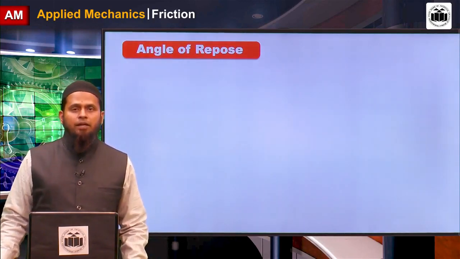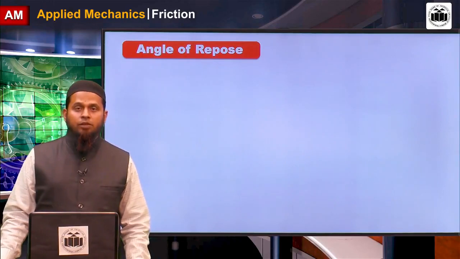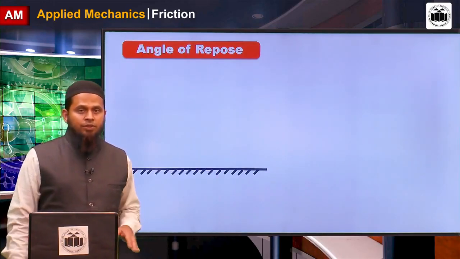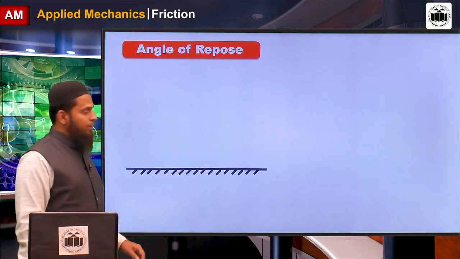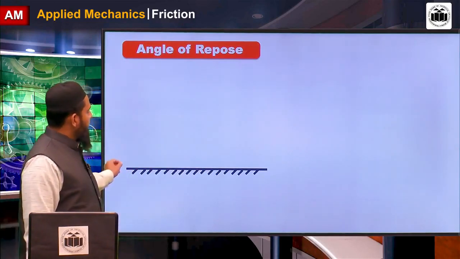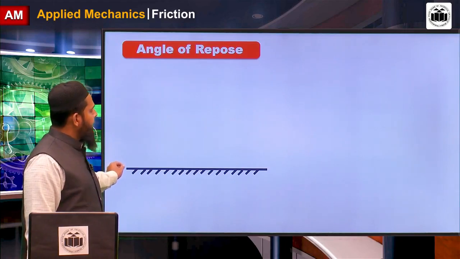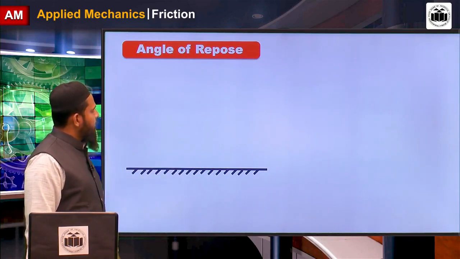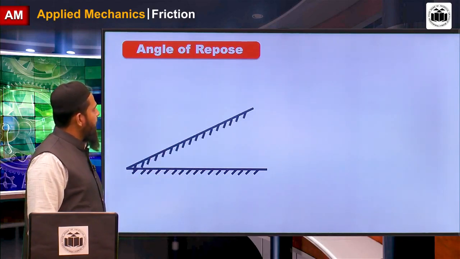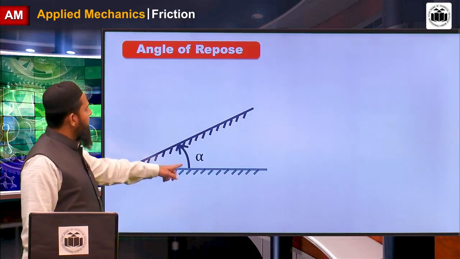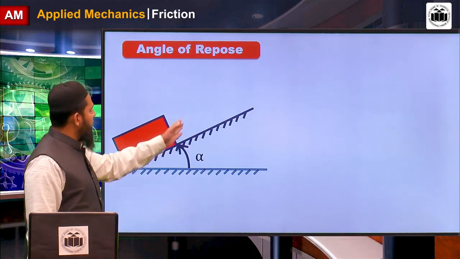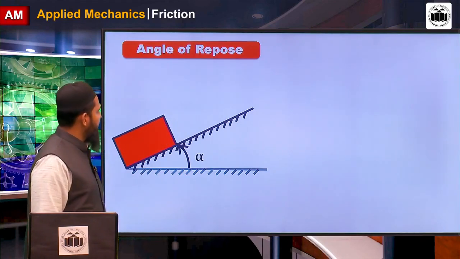Now what do you mean by angle of repose? For this, take one horizontal plane which is rough in nature, keep one end intact and lift the other end with the block placed on it. At a certain inclination alpha, the block moves downwards, on the verge of motion in the downward direction.